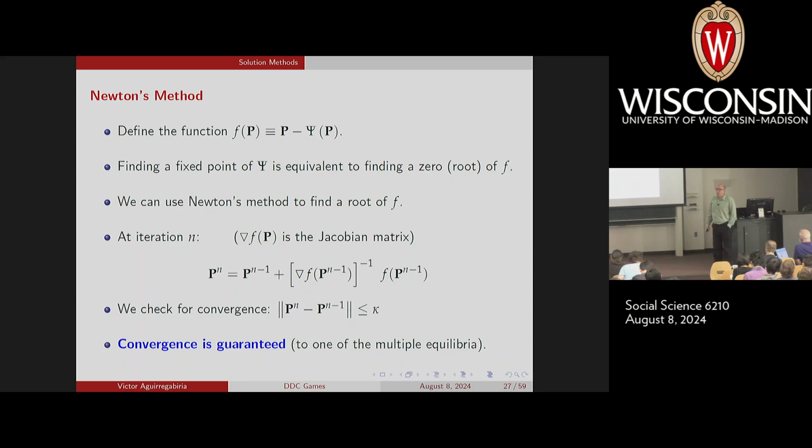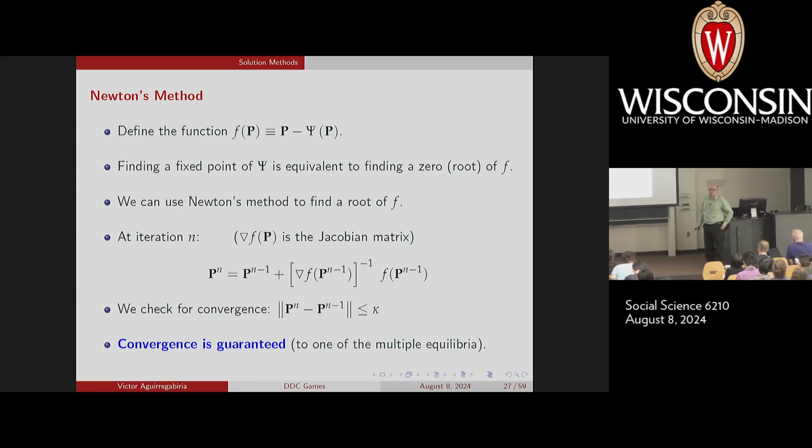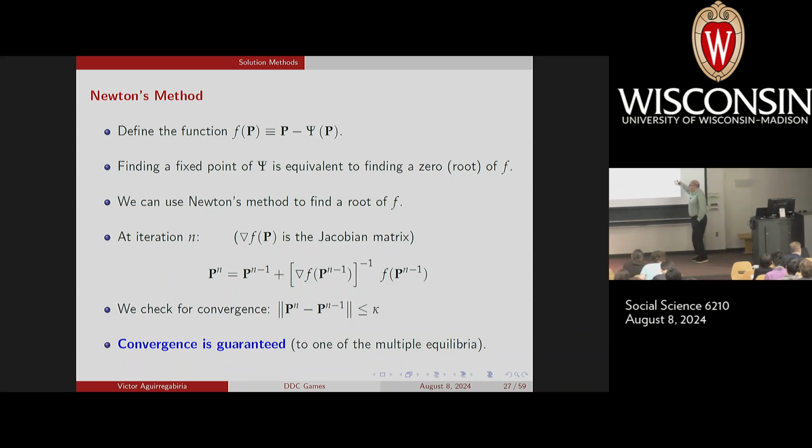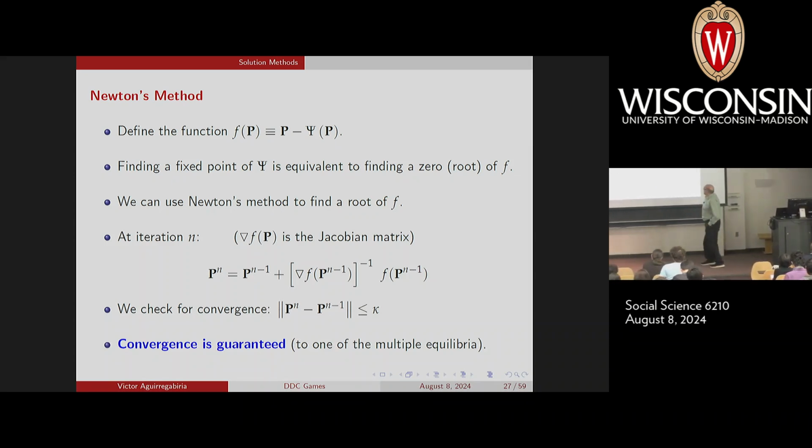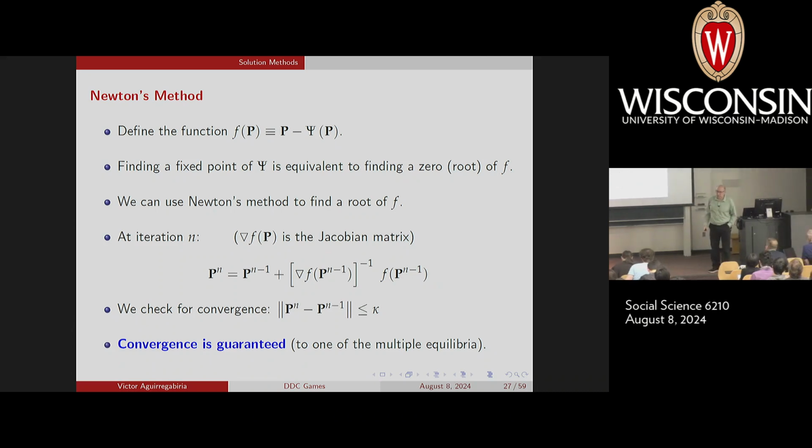That it almost always converges and has super strong convergence properties, in fact, quadratic convergence. What is the main computational problem of Newton? That we need to calculate, many times, the Jacobian matrix of this best response mapping. And that's a very complicated object.